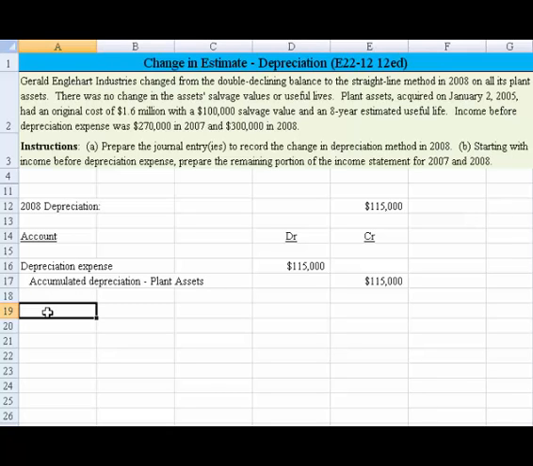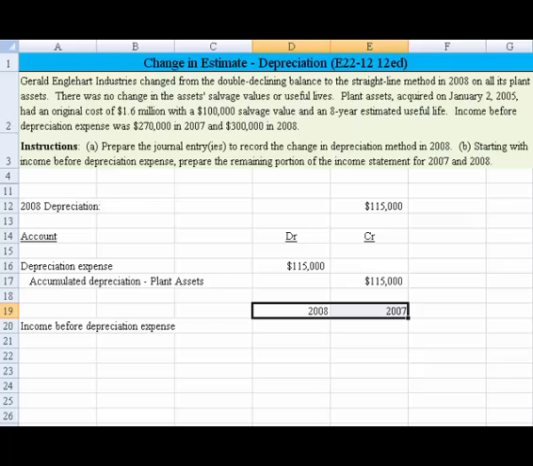So give me a second and I'll get this all lined up for us. Okay, so Part B says prepare the bottom portion of the income statement. So we would have income before depreciation expense. And actually, let's move this down one column, and we'll label this 2008 and this 2007. I'm going to center those as well and underline it.